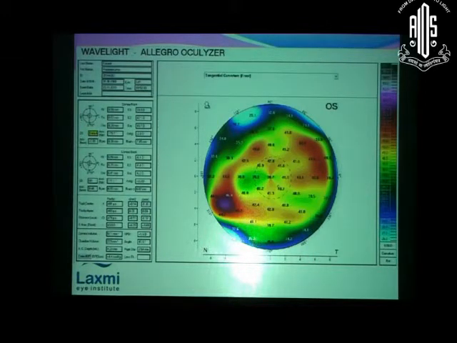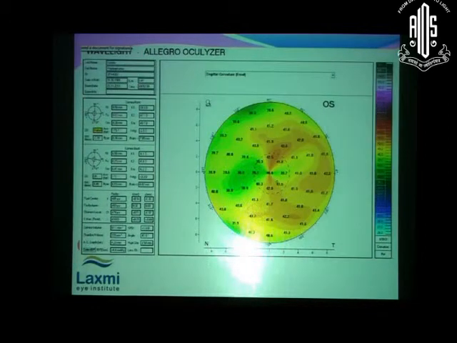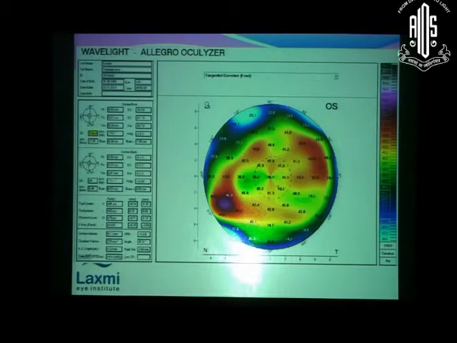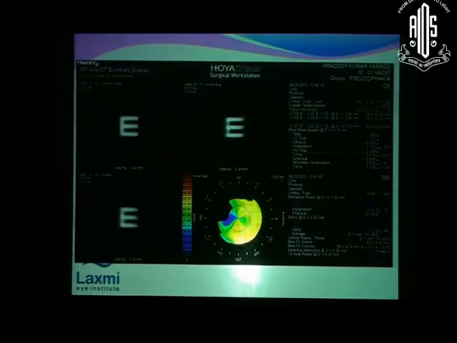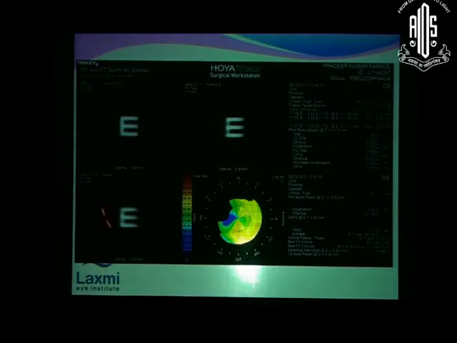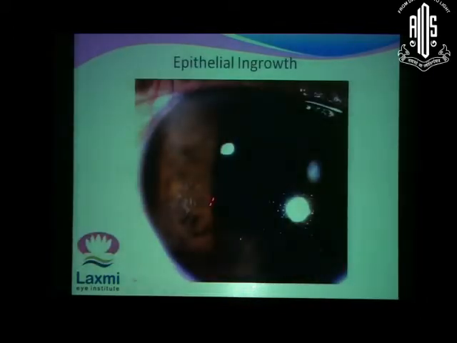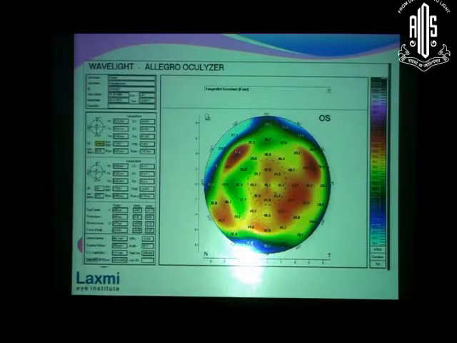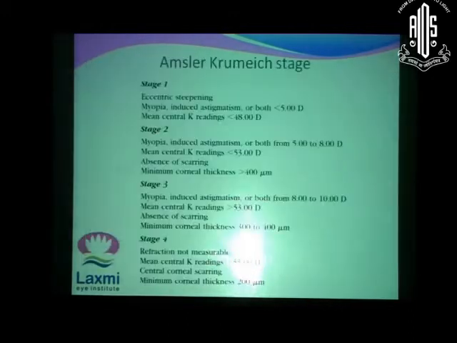In this particular patient of ectasia, these are absolutely normal looking maps. But when you put this on the tangential curve, you have this particular abnormality here, very high values, which is causing disturbances to the patient. He has very high aberrations because of this epithelial growth, and after washing that off, it gets normalized.